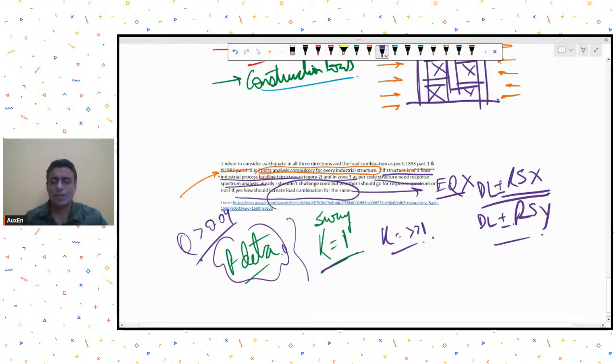So you just need to make one combination. One combination means just add algebraically like this without considering any minus sign. Okay, so this was his set of questions. Let us move ahead.